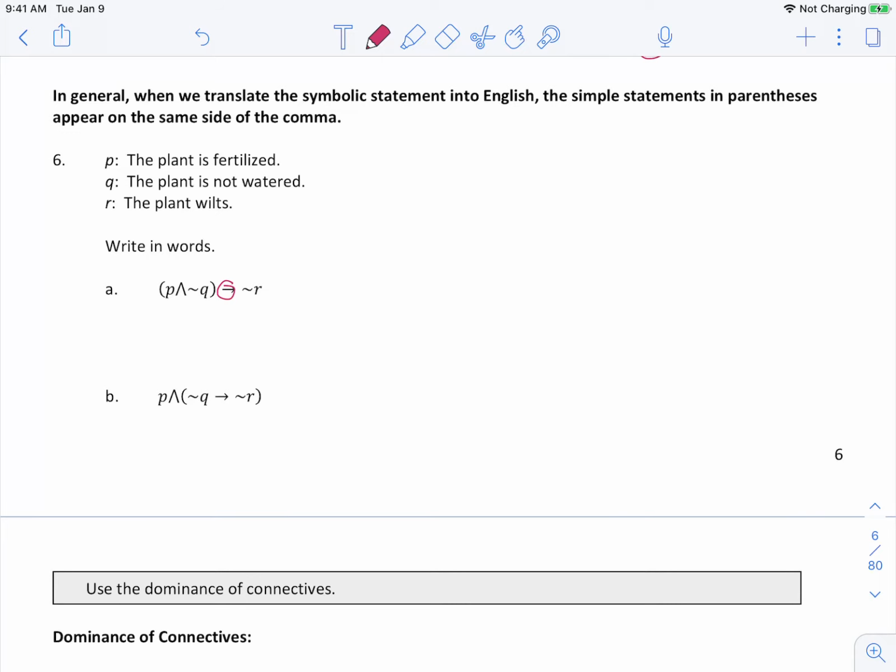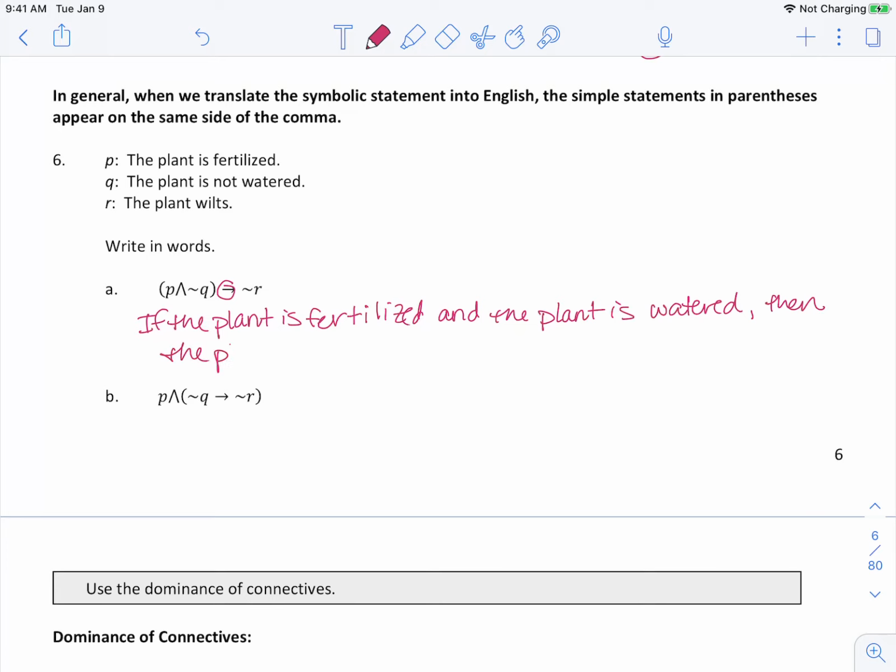Okay, so we have if, and then we're going to write our P and not Q, so we'll say the plant is fertilized and the plant is watered. Notice here Q was the plant is not watered, so if we're doing the negation, it would be watered, comma, then the plant does not wilt.